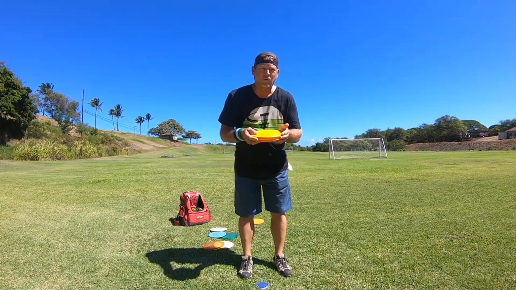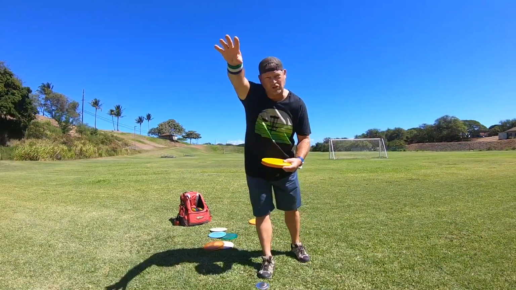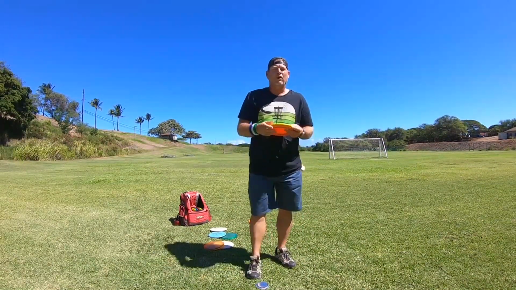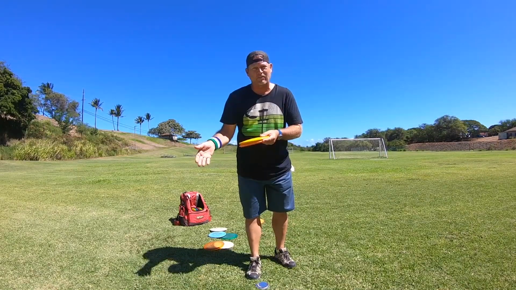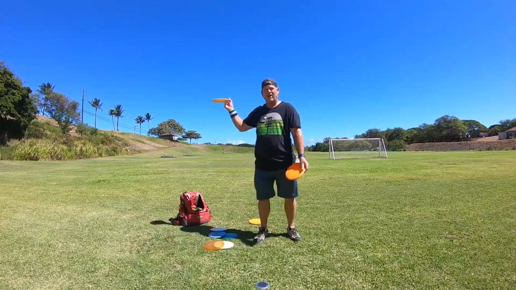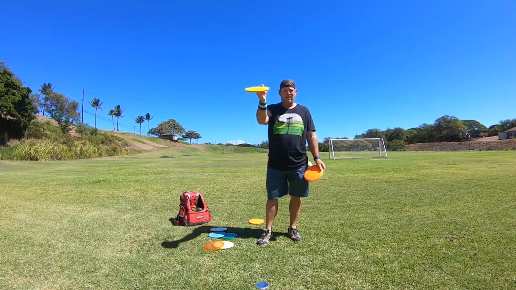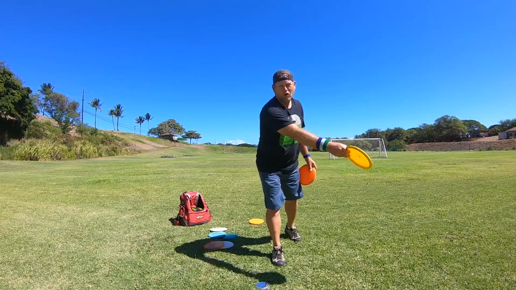So when you're throwing with a tailwind, if you ever have the wind coming from behind you, it's going to make the disc fly more overstable. So if you throw your disc with some kind of tailwind, it's going to come in and fly more overstable.